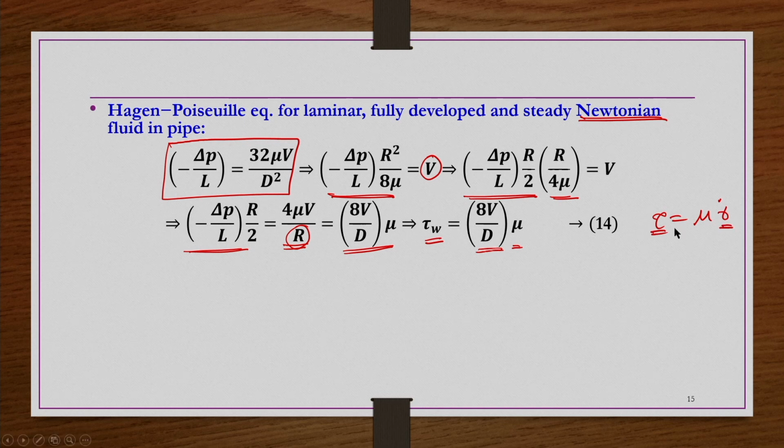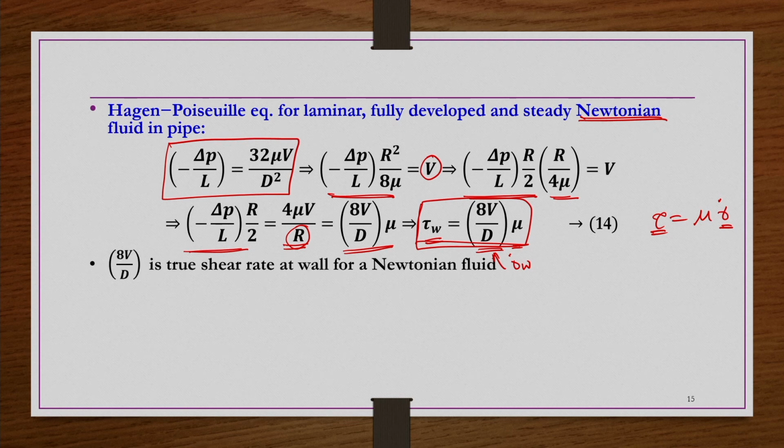So from here, by applying Newton's law of viscosity, and analogously, this 8 v by d is nothing but gamma dot w, isn't it? W, because we are measuring at the wall, and the geometry we have taken has very small variations as we move from the center to the wall. So now 8 v by d is the true shear rate at the wall for a Newtonian fluid.